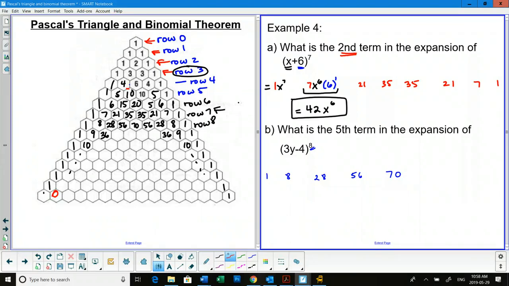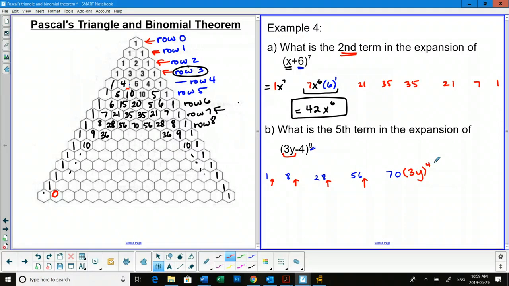And then I'm just going to count. If I start with 3y to the 8, everyone just look up here for 1 second as I count because I don't want you to get lost. I'm not going to write everything out, I'm just going to count. So it's going to be 3y to the 8, 3y to the 7, 3y to the 6, 3y to the 5, and the term I need, 3y to the 4.